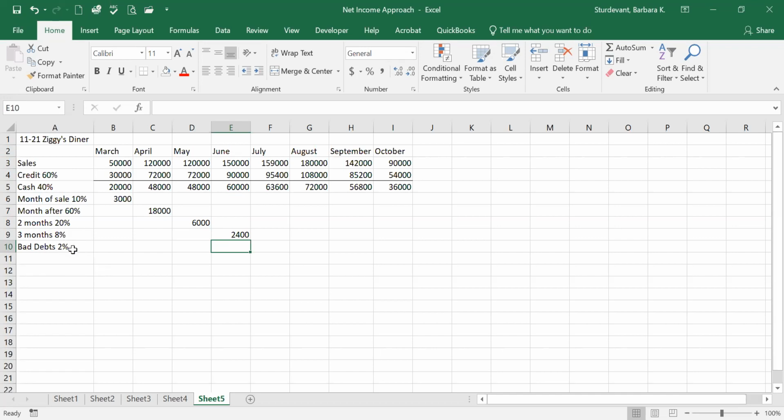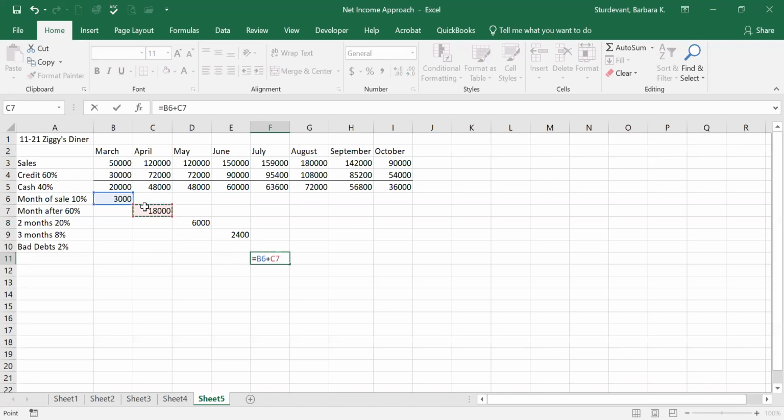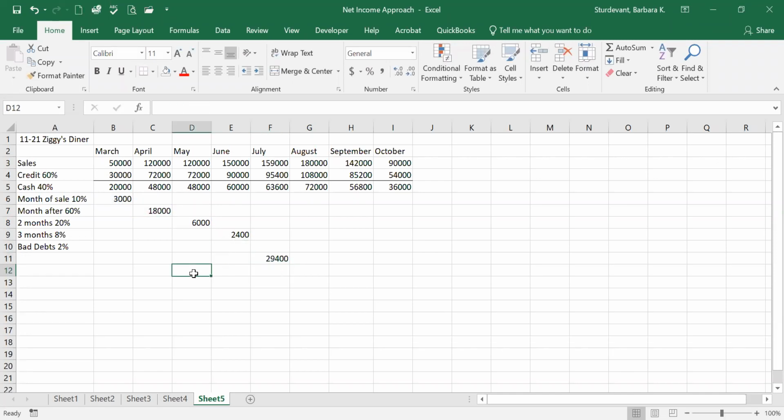But what I wanted to show you is if I take this plus this plus this plus this, okay, and let's say I'm going to just go down here and I'm going to find out what 2% is that I'm not going to collect.